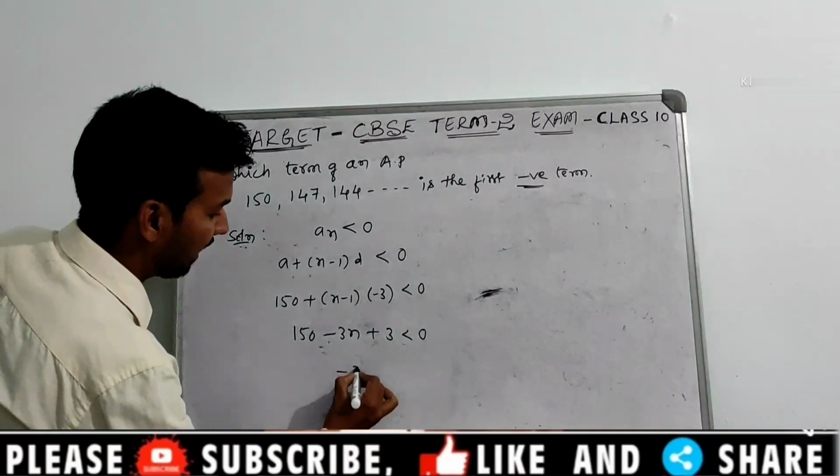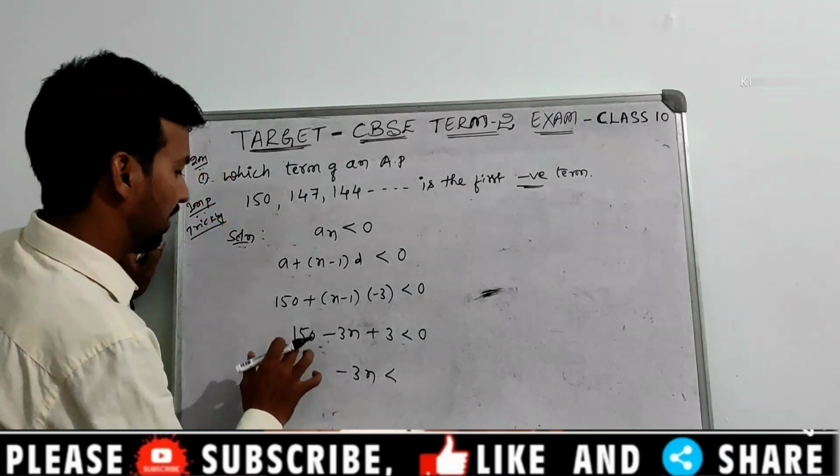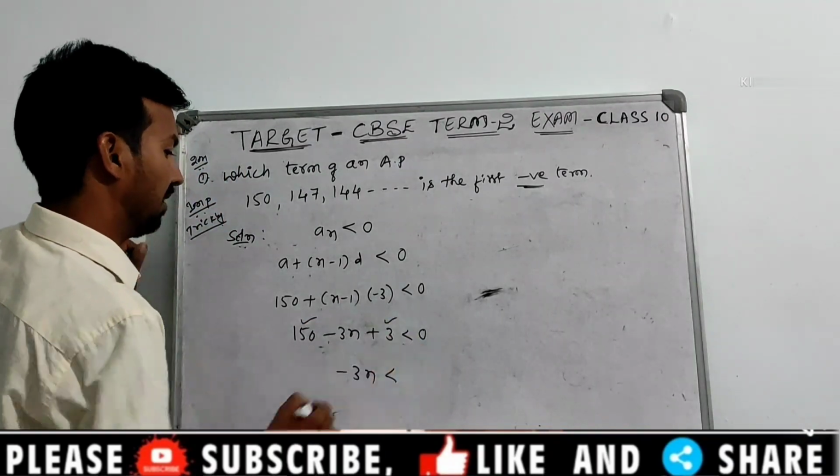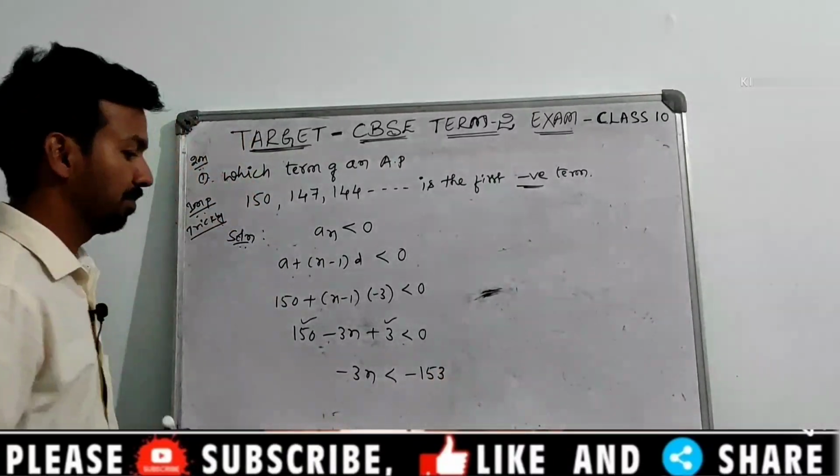Again minus 3n is lesser than minus 150 minus 3. We get minus 150 going to the right side. Right, children?